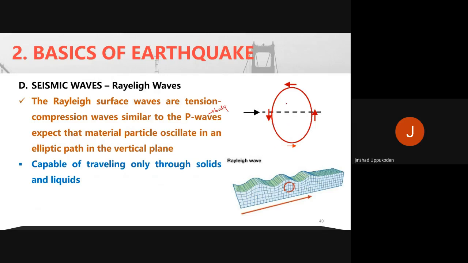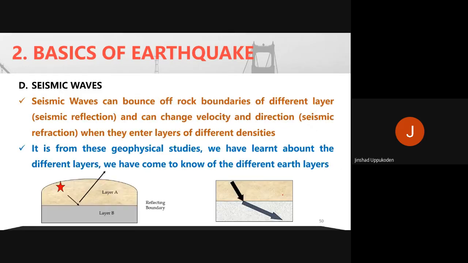The material has an elliptical travel path, which is shown here in this figure. Hence they are capable of traveling through solids as well as liquids, but not gases. So four types of waves: two body waves and two surface waves.